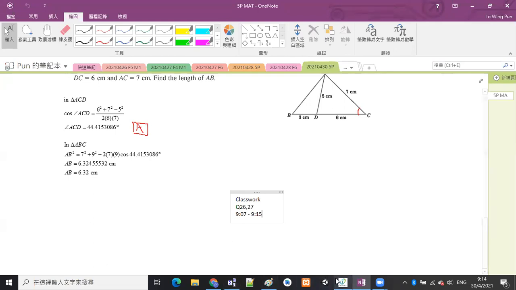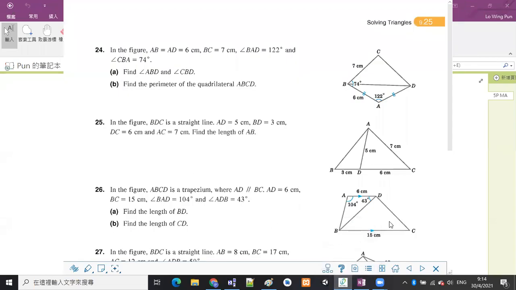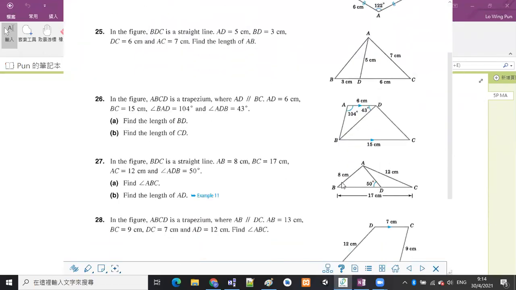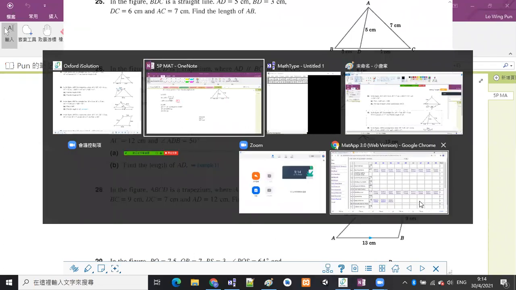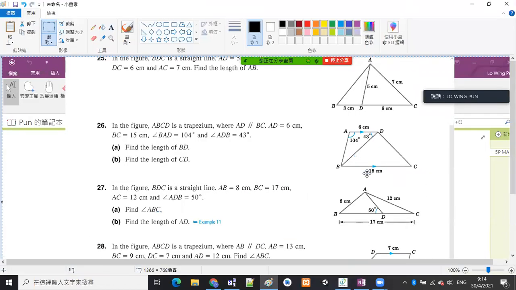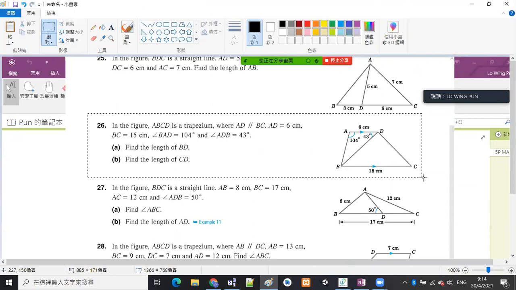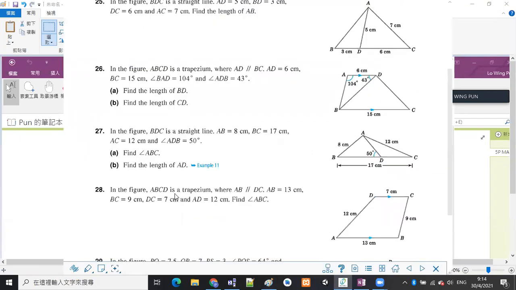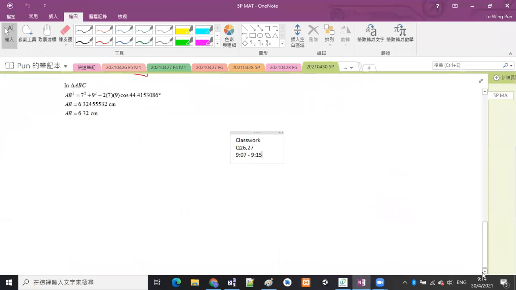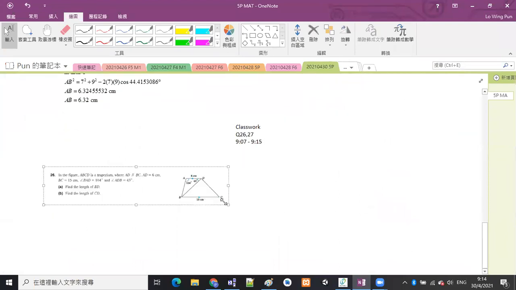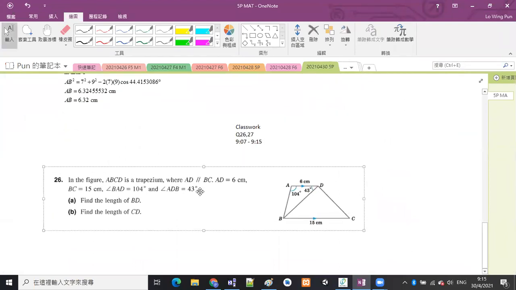Okay, let's check the answers. 26. So in the figure, ABCD is a trapezium where AD is parallel to BC. AD is 6 cm, BC is 15 cm, angle BAD is 104 degrees, angle ADB is 43 degrees.